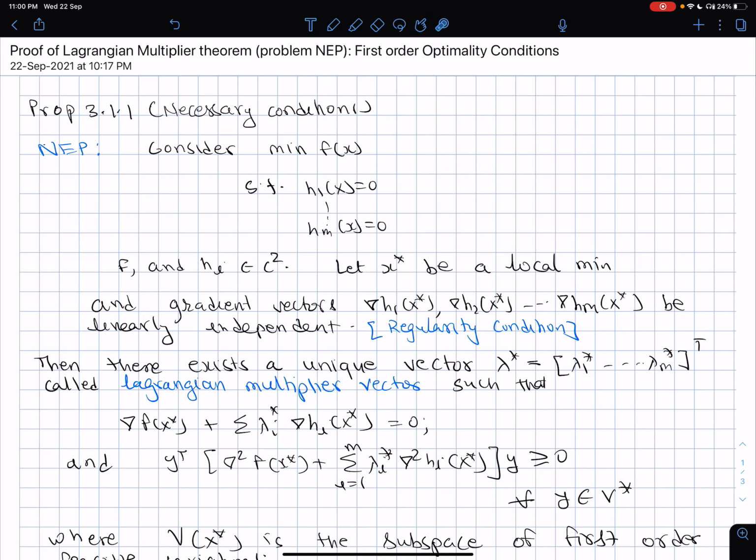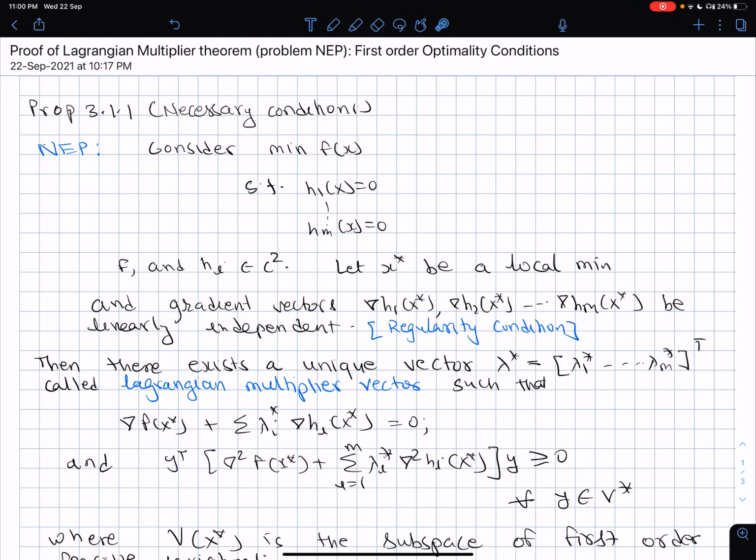We are considering the NEP problem, which is minimize f of x subject to the m nonlinear equality constraints, and we are going to assume that both f and all the constraint functions hi's are coming from C square, which is to say that they are twice continuously differentiable functions.